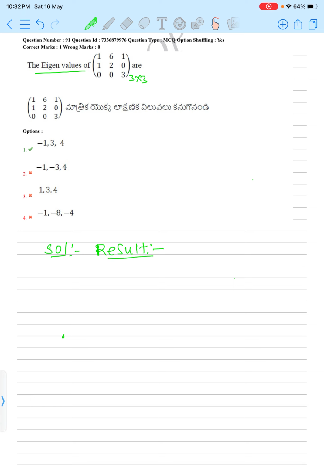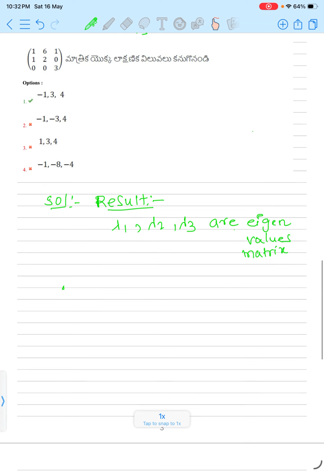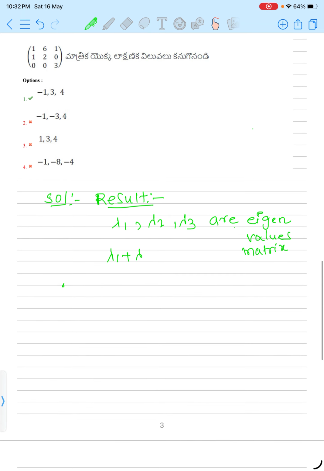The result is this: suppose alpha 1, alpha 2, alpha 3 are the eigenvalues of a matrix, any matrix. Then the sum of the eigenvalues is equal to the trace of the matrix. If I consider a matrix A, and lambda 1, lambda 2, lambda 3 are the eigenvalues of A, then the sum of the eigenvalues is equal to the trace of A. This is one result.